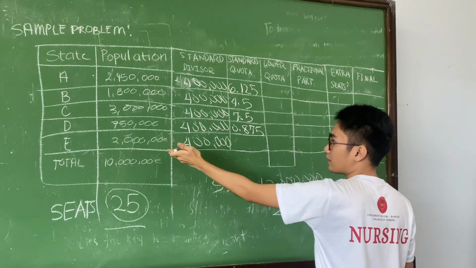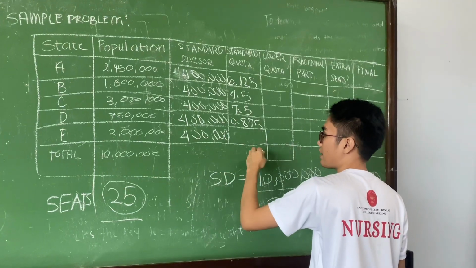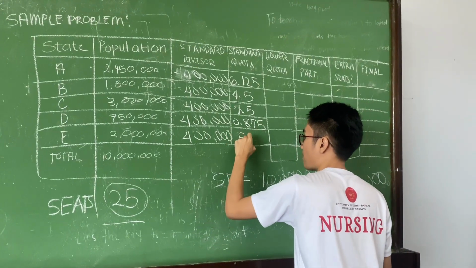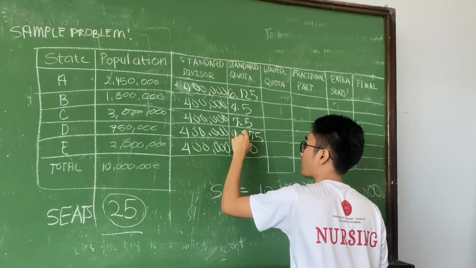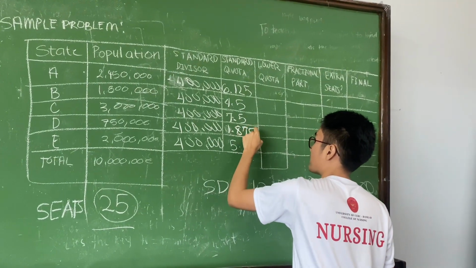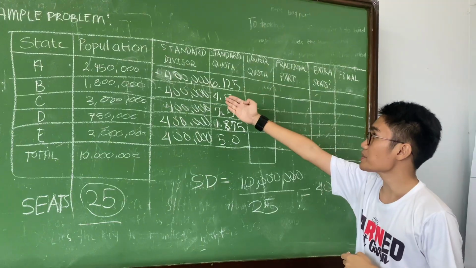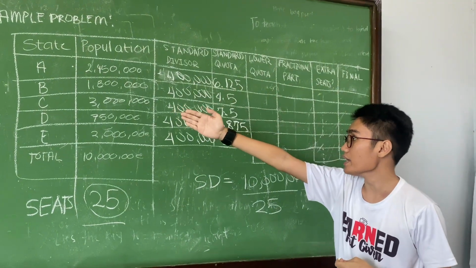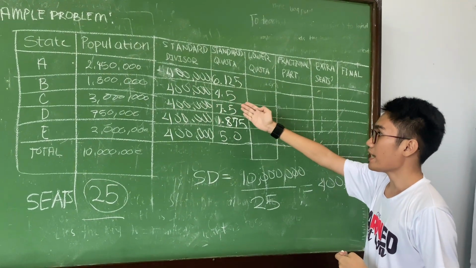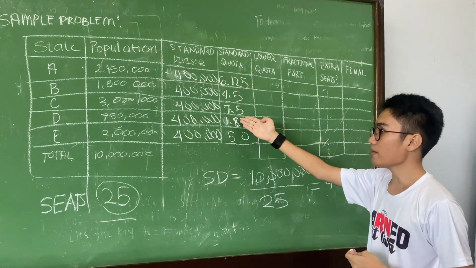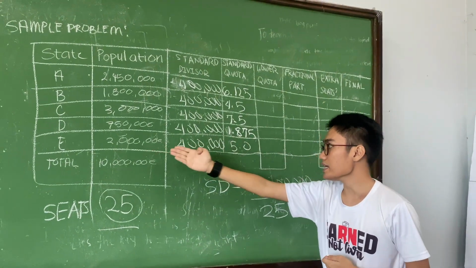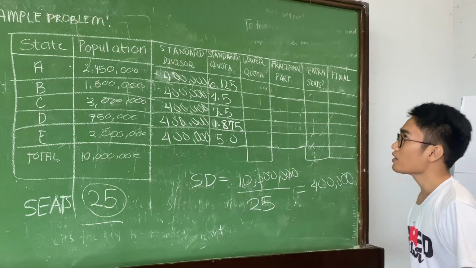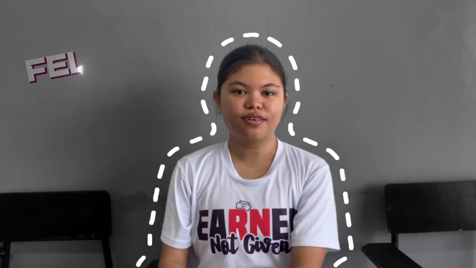And 2 million divided by 400,000 gives 5.0. So now we have standard quotas of 6.125 for state A, 4.5 for state B, 7.5 for state C, 1.875 for state D, and 5.0 for state E.